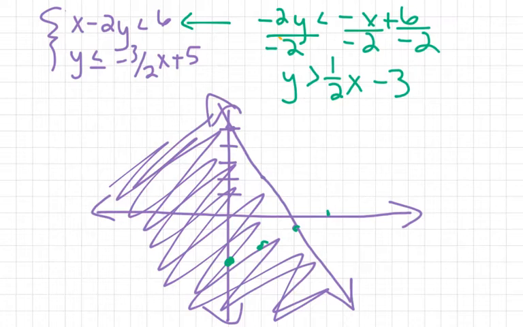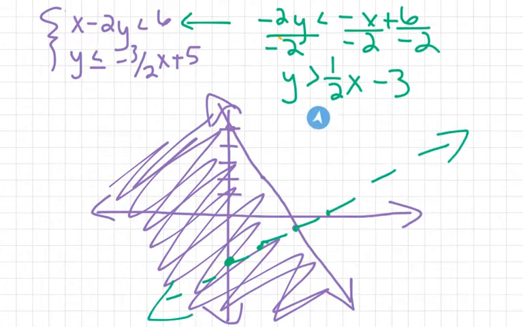Let's take a look at our inequality sign. We have a greater than, which means our line is dashed. Then lastly, which way do we shade? Well, it tells me that y values are greater than this, which means I'm going to shade above.